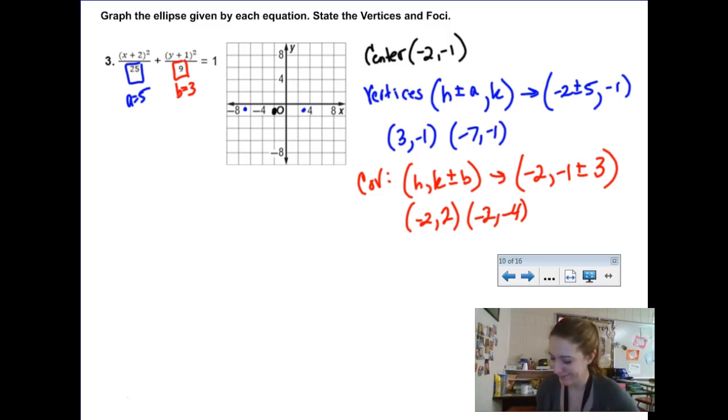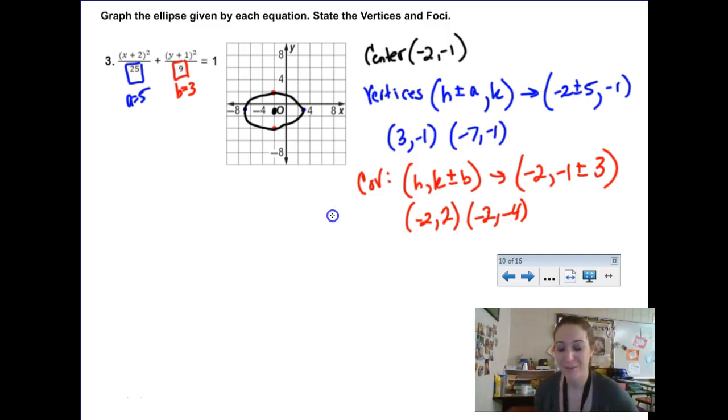I hate it. So our minor, our co-vertices are at -2, 2, and -2, -4. And again, I'm supposed to somehow magically create an ellipse. But this side's looking really good, and that side looks awful.